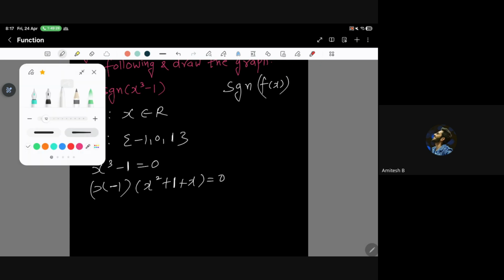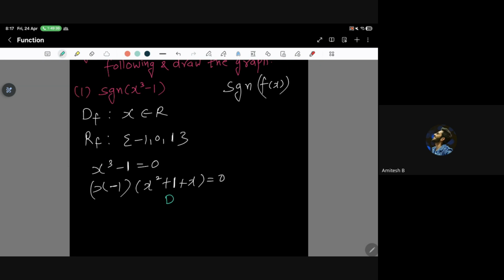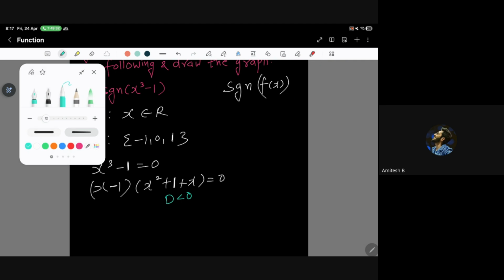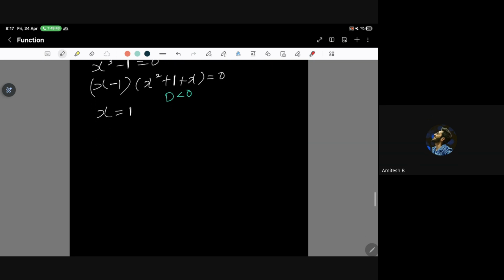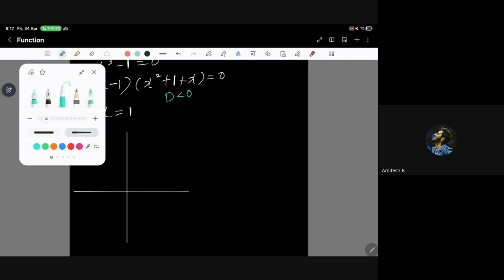This has D less than 0, so you won't get any real root, so the only real root is x equal to 1, and this is a cubic polynomial, right? So the range will also be R. So the graph will be like this.